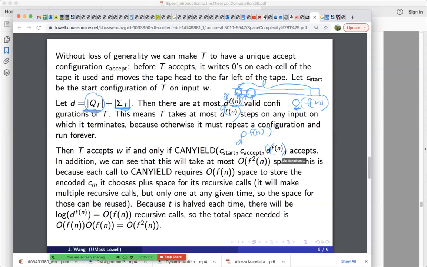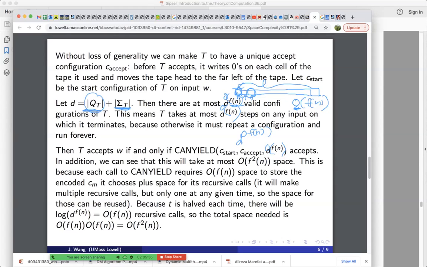In addition, we can see that this will take at most big O of f of n squared space. This is what we have seen already, because each call to CAN YIELD requires this much space to store the encoded configuration it chooses, plus space for its recursive calls, which means that you need to remember where it comes back after you finish the subproblems.